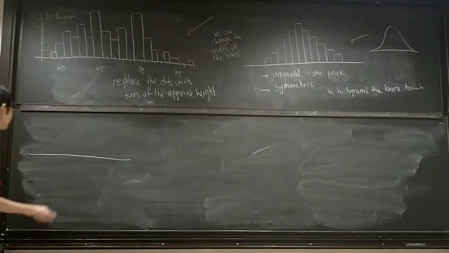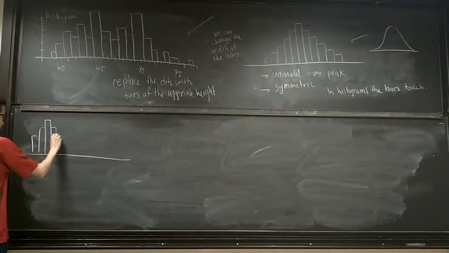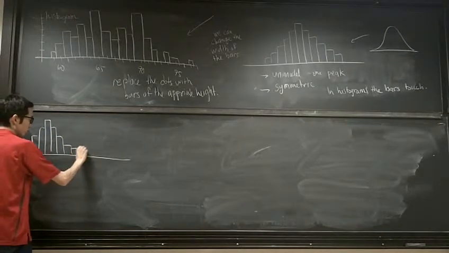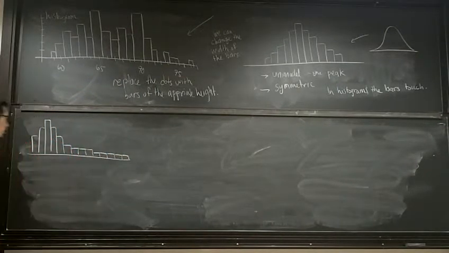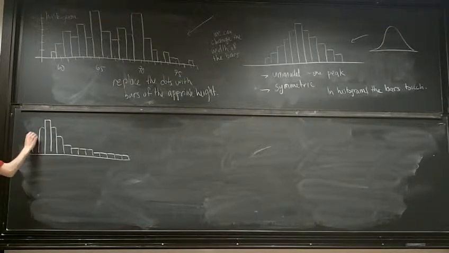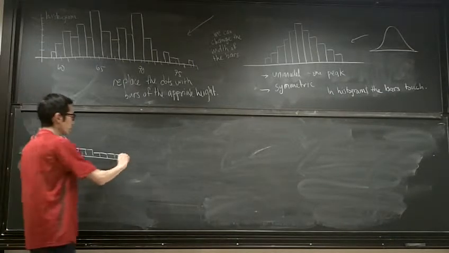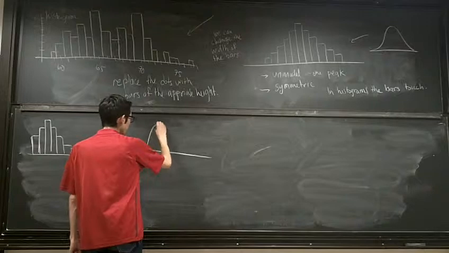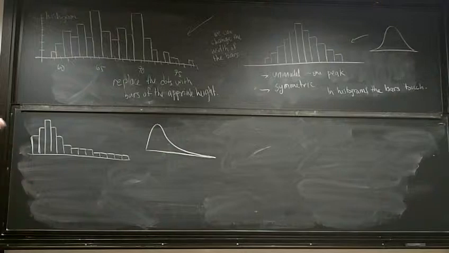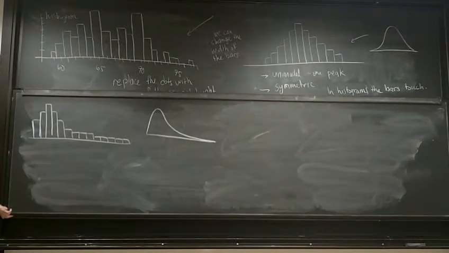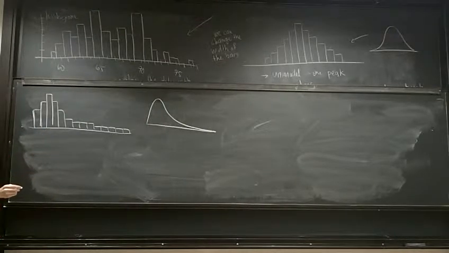On the other hand, we can have a histogram that looks like this. If we summarize this with a curve, it might look something like this. How many peaks does this have?